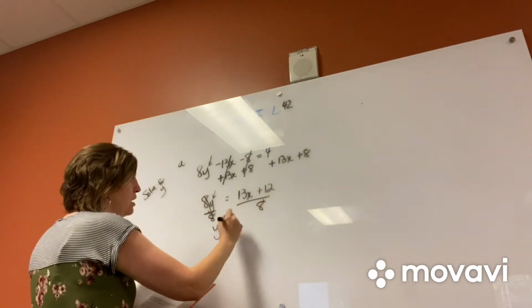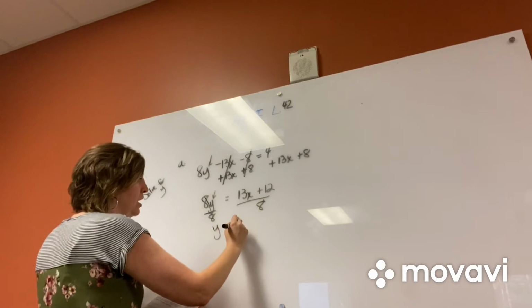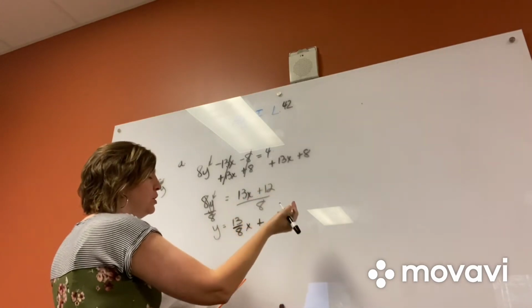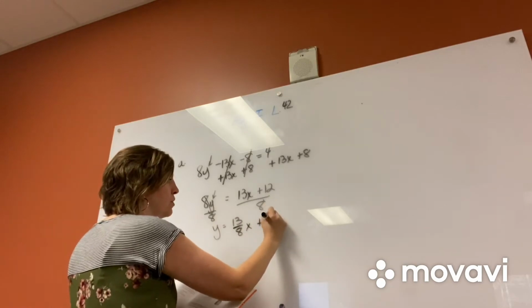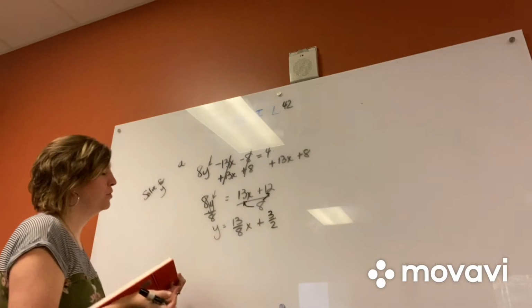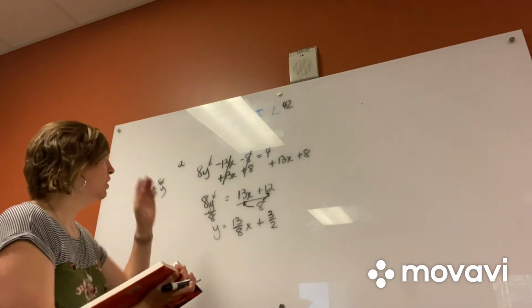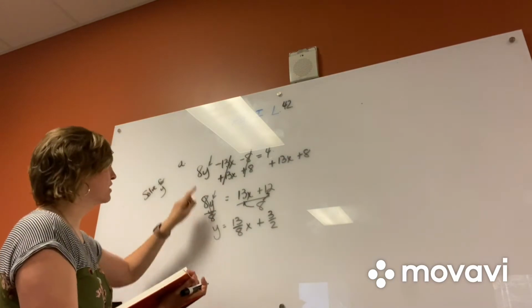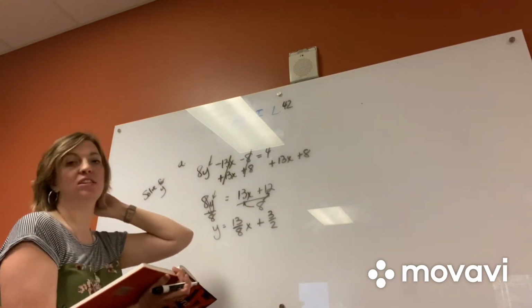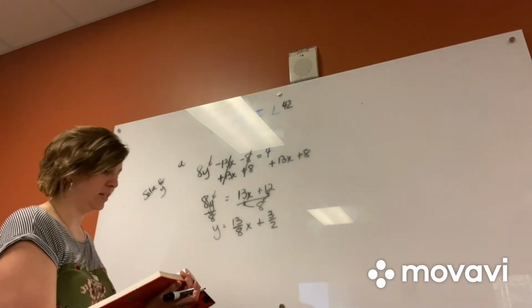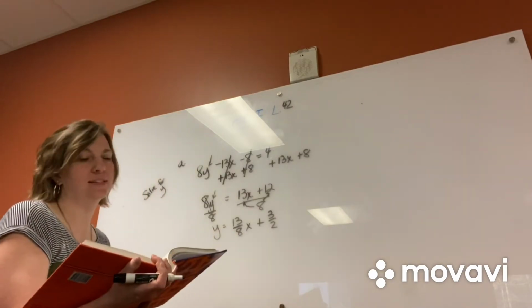So y equals 13 over 8 x plus, and this can reduce by 4, so it would be 3 over 2. Notice that 8 has to go into both. So that is my final answer, because I've got two variables, but it asked me to solve for y. And this is super important for what we're going to be doing later in algebra. So that's why it's so important that we learn to solve these, okay?